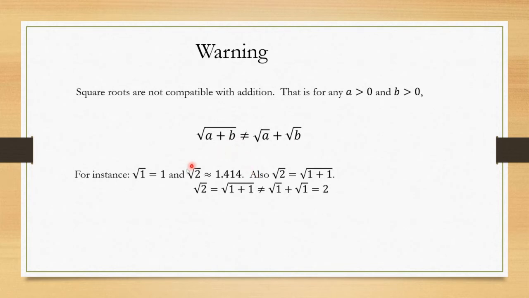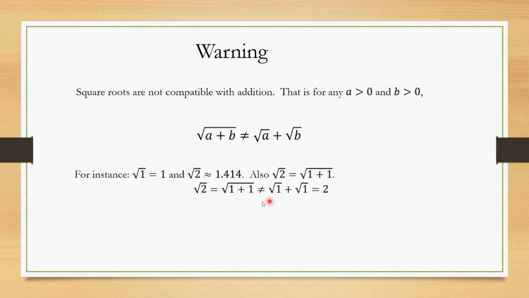If you just take a and b to be 1, for instance, that's such an example. On the left, if a and b are both 1, you have the square root of 1 plus 1, which is the square root of 2. On the right, the square root of a and the square root of b both equal the square root of 1, and the square root of 1 is 1 itself.